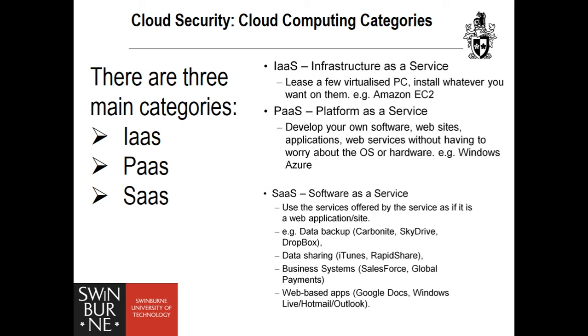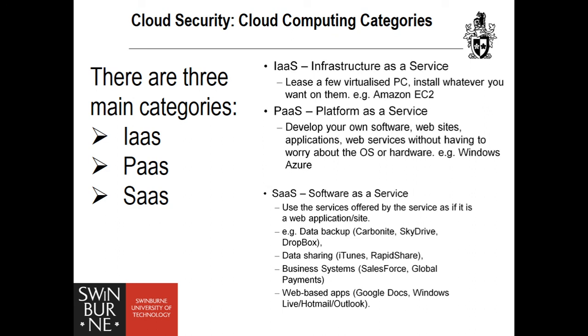There are three main categories of cloud computing: IaaS, PaaS, and SaaS. IaaS is infrastructure as a service. Basically, IaaS can be said as a few virtual PCs that you can install whatever you want on, for example Amazon's virtual PC.